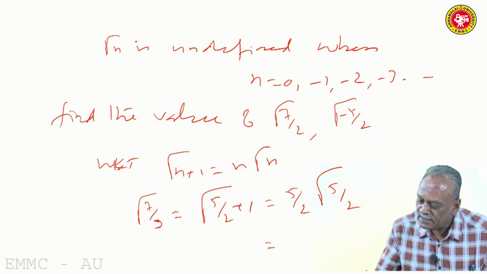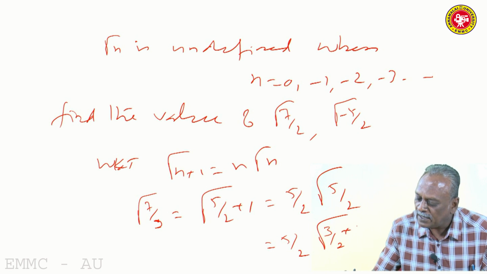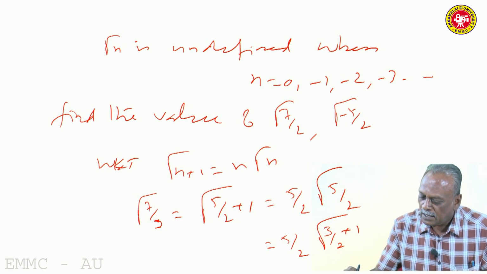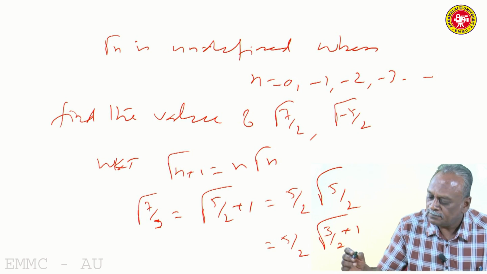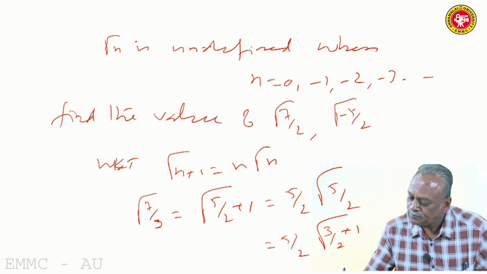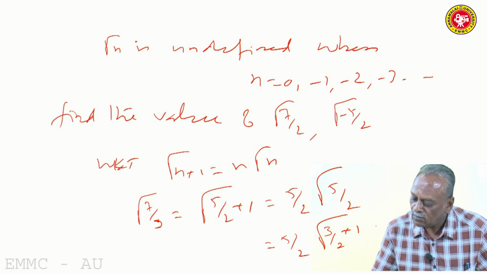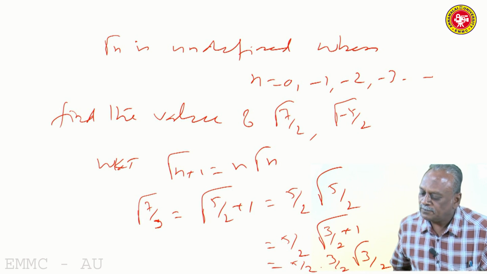Again, gamma 5 by 2 can be written as gamma 3 by 2 plus 1. Now using the formula, gamma n plus 1 equals n into gamma n, this becomes 5 by 2 into 3 by 2 into gamma 3 by 2.